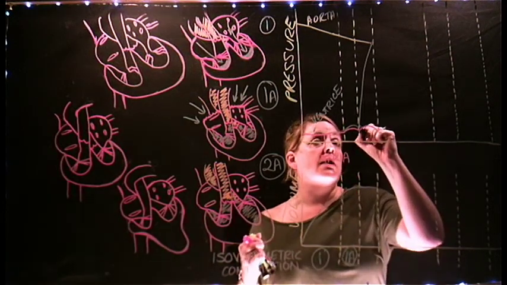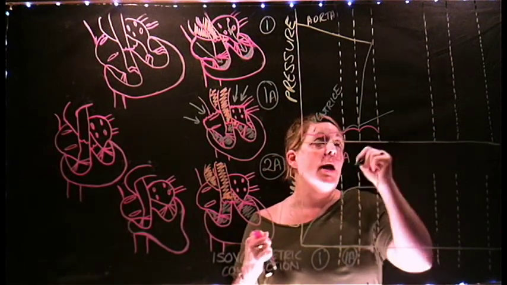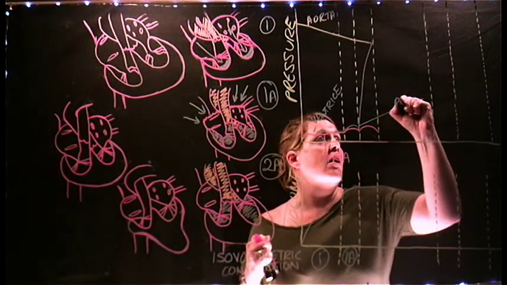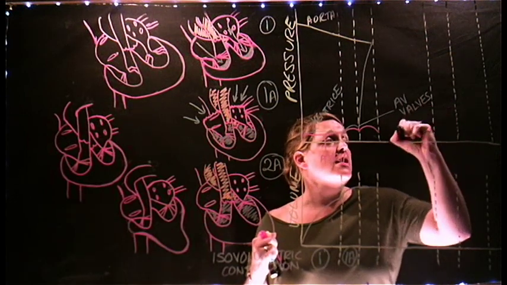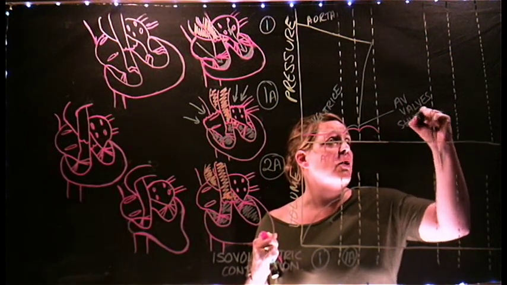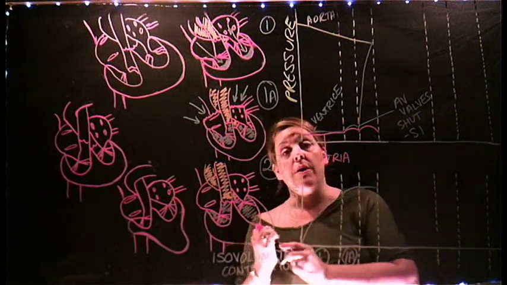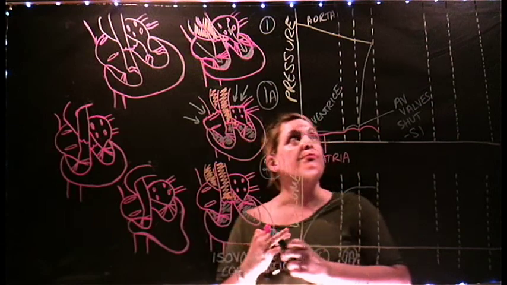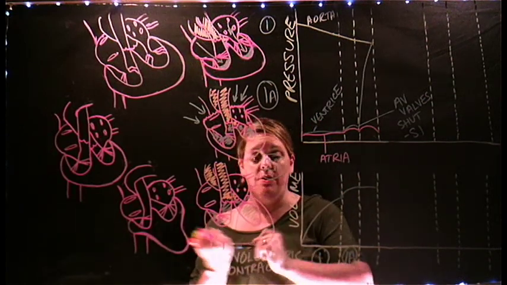Let me just indicate here at the end of our 1A that this is where our AV valves shut, and this is associated with our first heart sound, S1, known as the LUB. So we have tension.